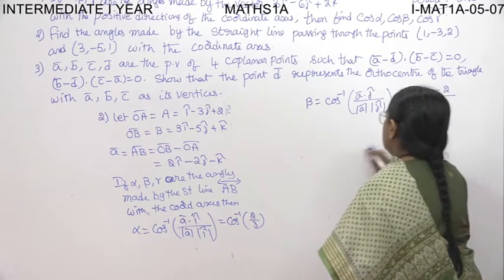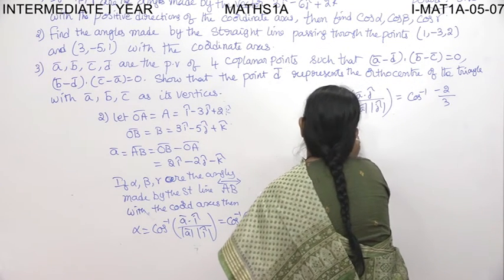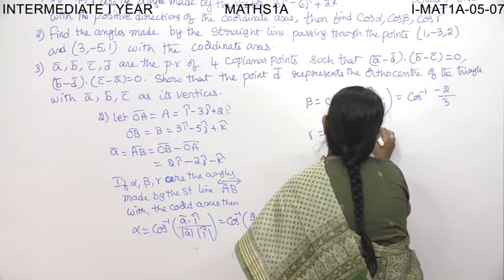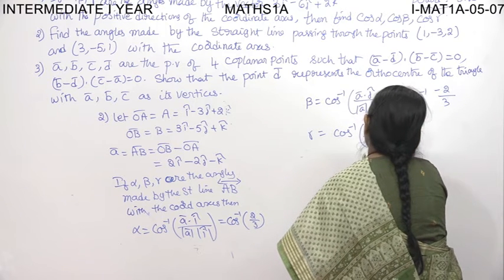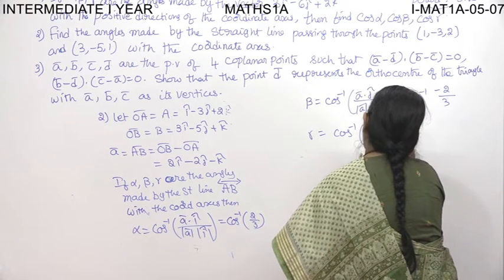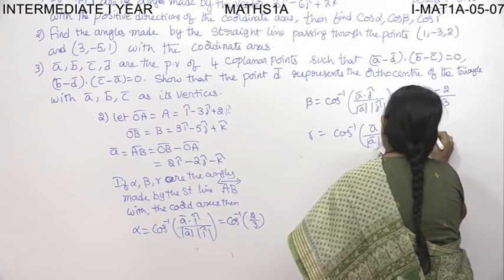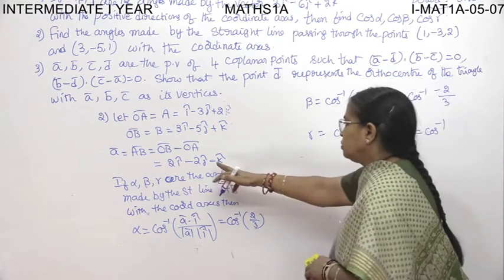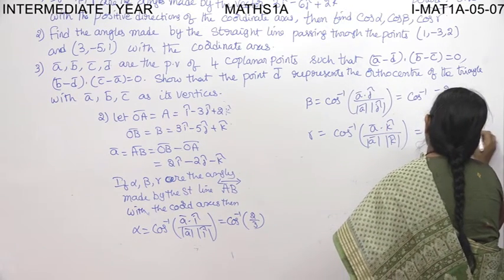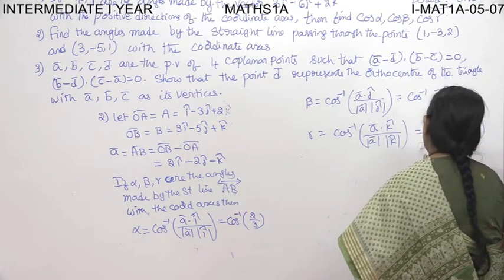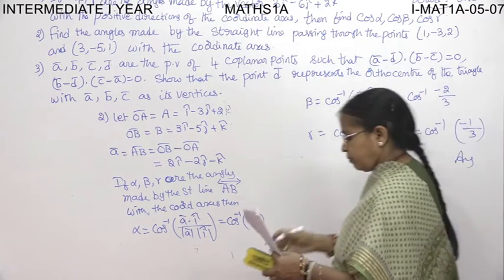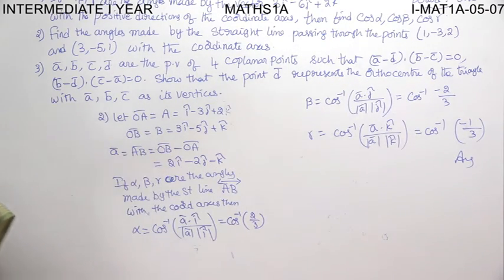Similarly, gamma is equal to cos inverse of A dot K by mod A into mod K. That is equal to cos inverse of minus 1 by 3. So these are the angles. The angles alpha, beta, gamma are given by these 3 values. That's all. So that is the answer.